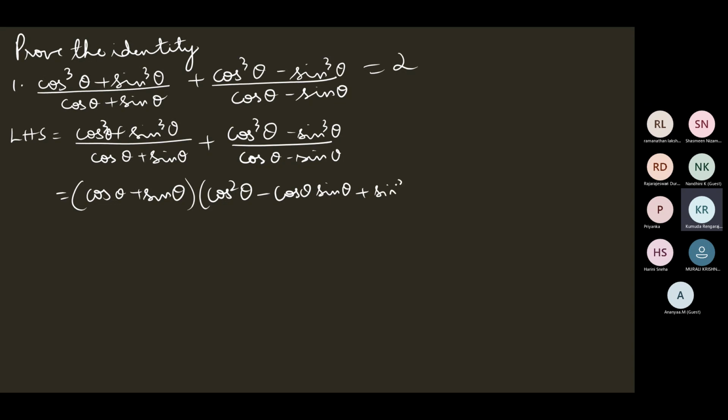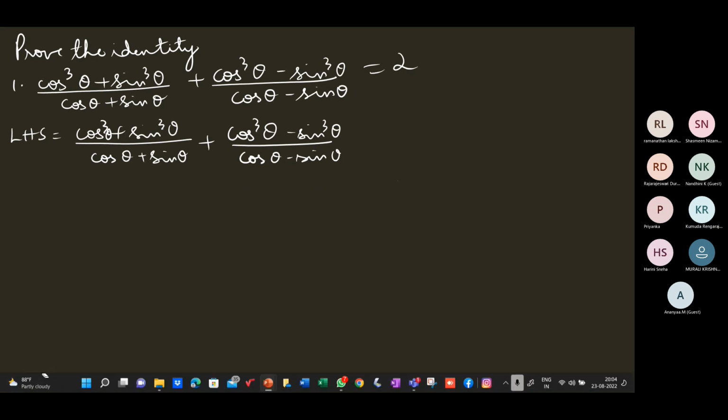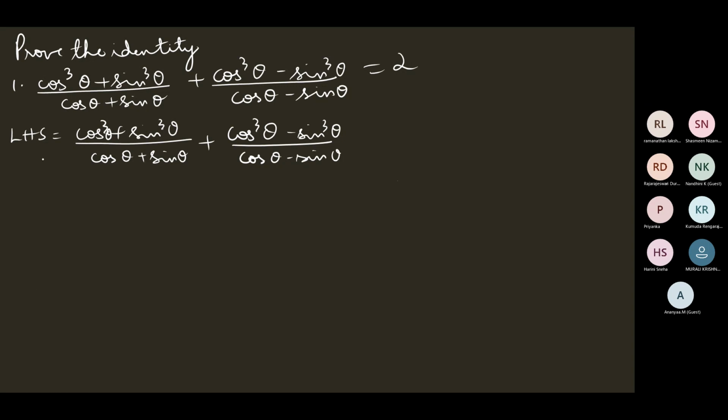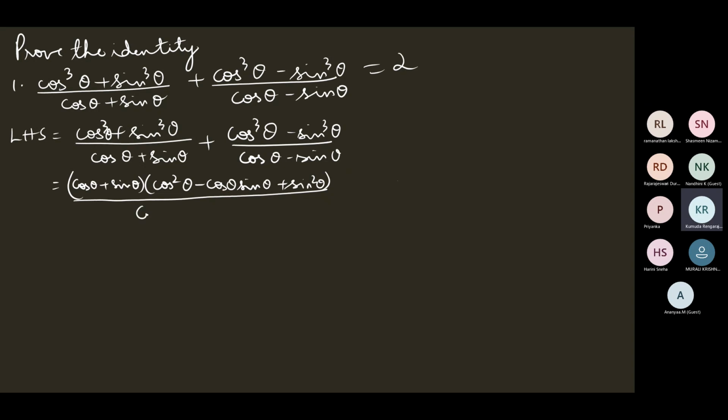There'll be no place, so let me write it again: cos theta plus sin theta into cos square theta minus cos theta sin theta plus sin square theta, divided by cos theta plus sin theta. And you can see this gets cancelled.